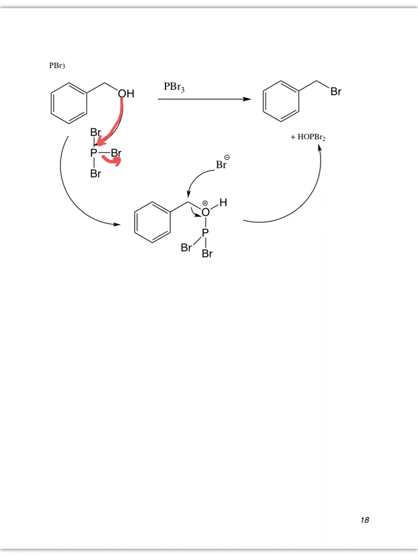Once it does this, it forms this intermediate that has a positive charge on the oxygen, made a great leaving group, and our bromide ion can come in and displace the great leaving group to give us the alkyl bromide. And all three of those bromides on the phosphorus are open for this transformation to make the alkyl bromide.